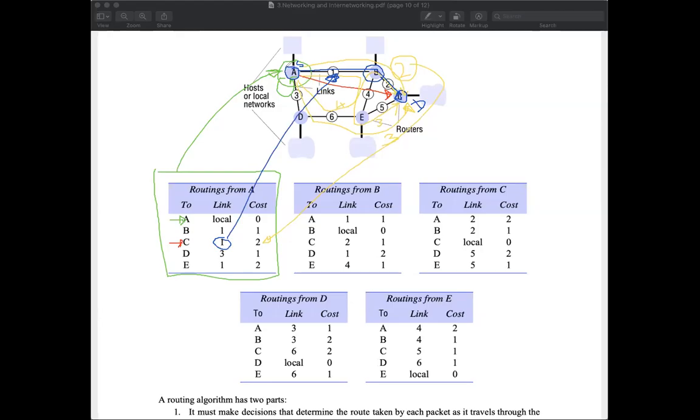So when routing from A to C and taking that path, we have to pick link 1. So we configure link 1, and we give the cost as 2, right? Likewise we can update the respective routing configurations.